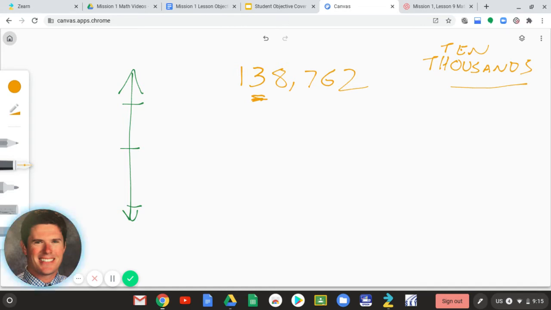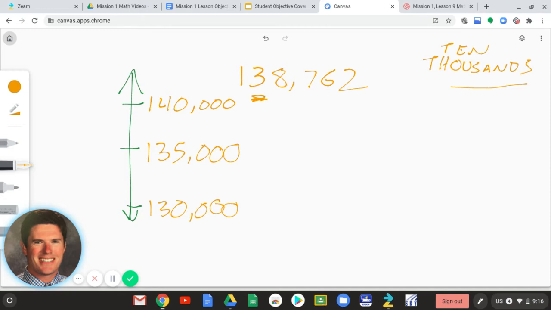So it's either going to round up to 140,000, or it's going to round down to 130,000. And what's halfway between? 135,000. Notice the halfway point is always the 5 in the place value below whatever you're rounding to.